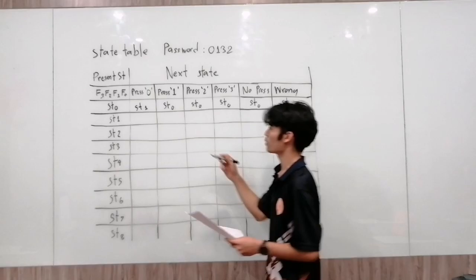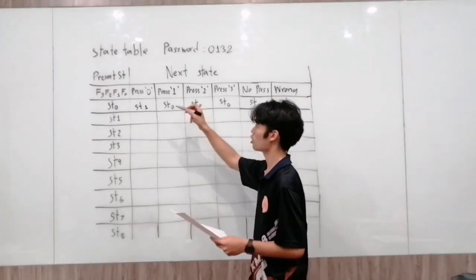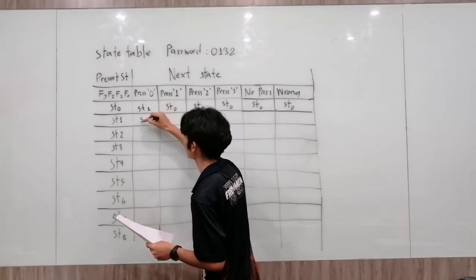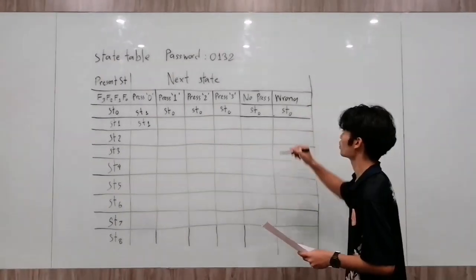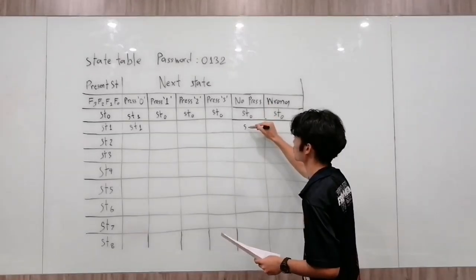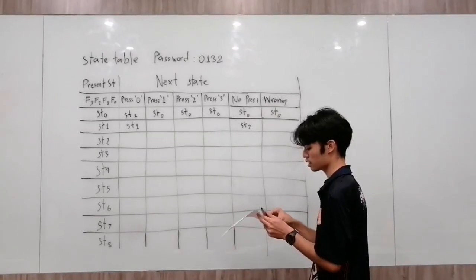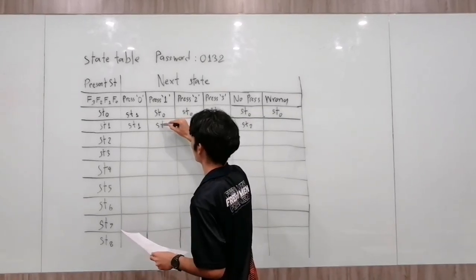Next, state 1. When you still press the 0 button, it's still in state 1. When you release it, it goes to state 2. Release is no press. Another case goes to state 0 because it's wrong.